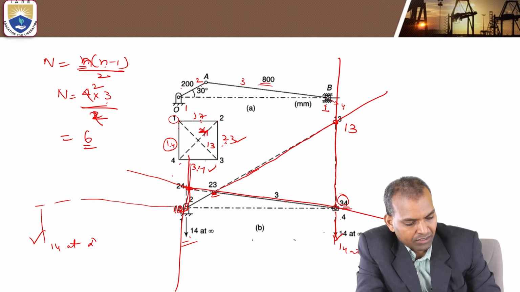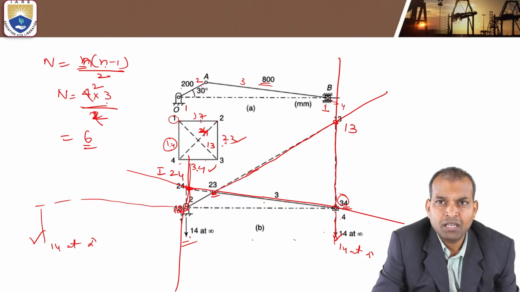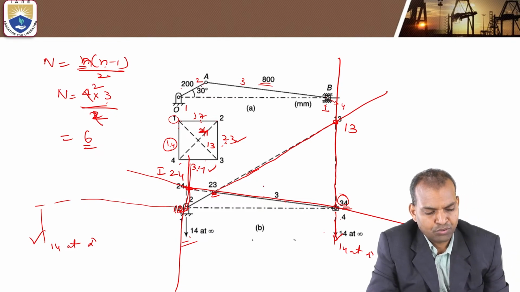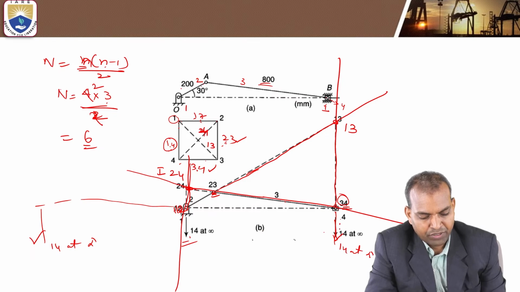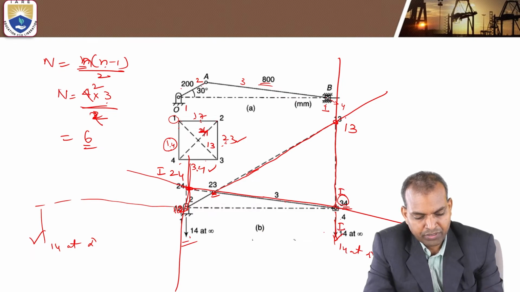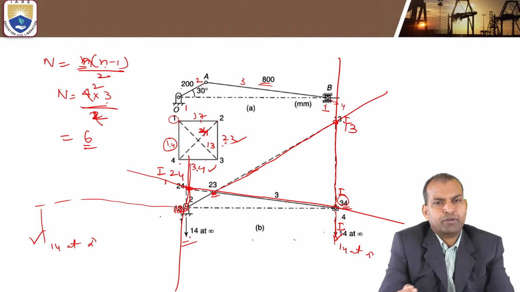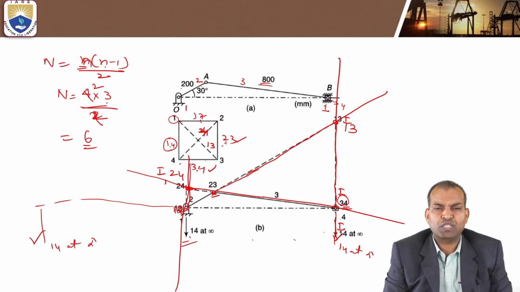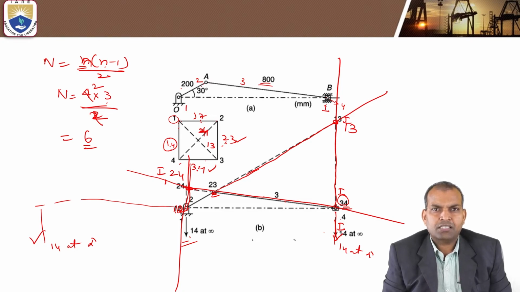The intersection here is the I center of 2, 4, I24. In some textbooks they use I everywhere: I14, I34, I13, I24. But no problem, it is the location of the two-link combination. In this manner we can locate the I centers of this slider crank mechanism.